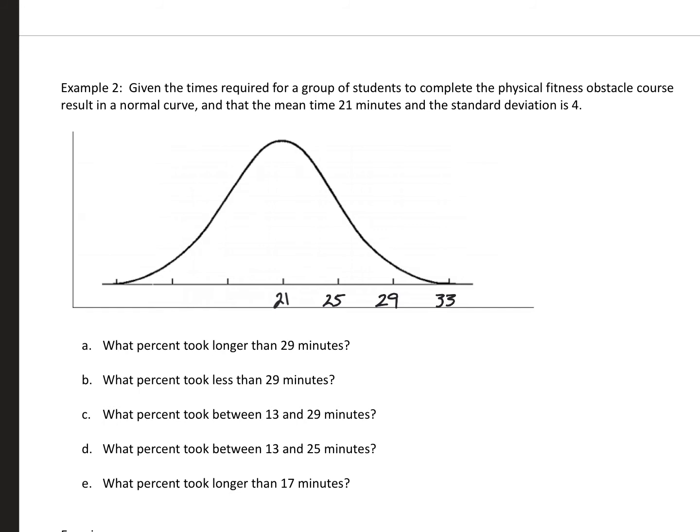But we also have deviations below. So that would be 4 below 21, which is 17. 4 below 17, which is 13. 4 below 13, which is 9. So this is our normal bell curve. This is our distribution. Again, 34% fall between each of these regions here.